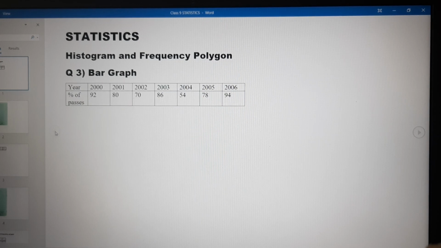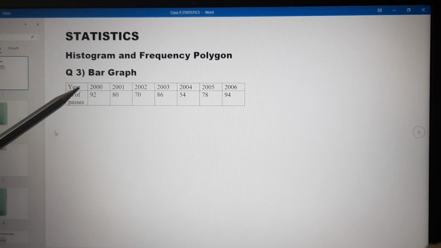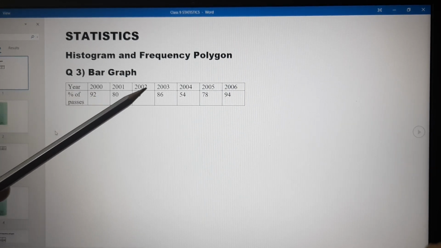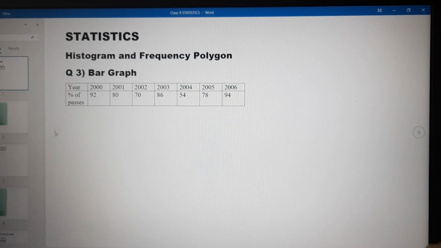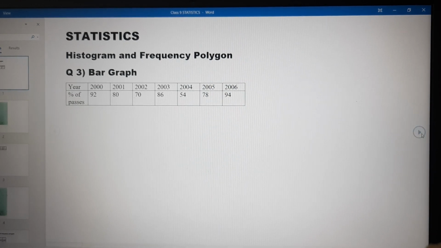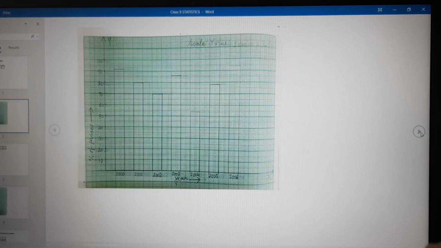Year has been given and the percentage of children who have passed in that year. So you can see that the year is 2000, 2001, 2002, 3 and 2004, 5 and 6. So year is fixed and the percentage is varying. So percentage is the variable and year is constant.